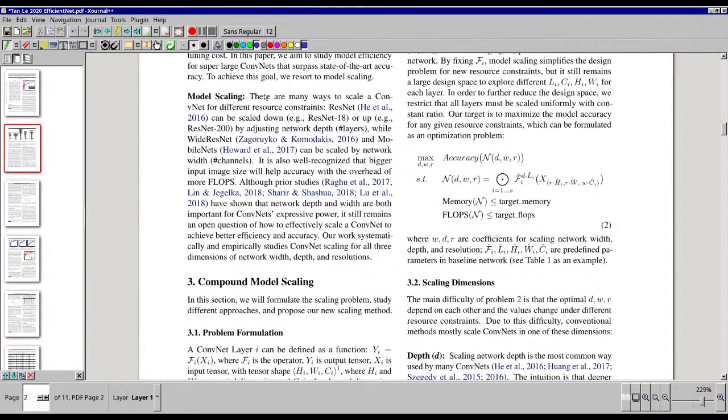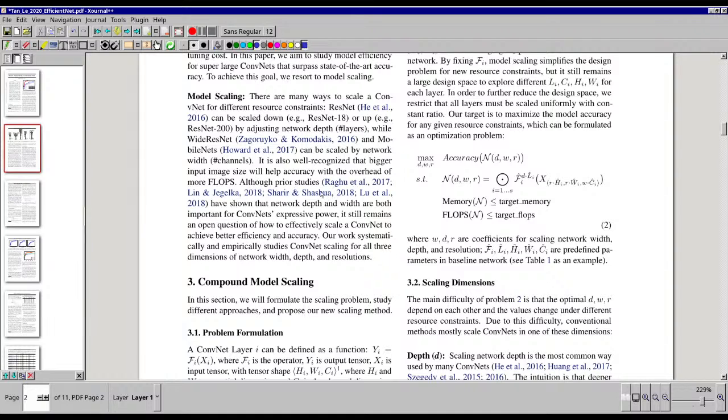Model scaling. There are many ways to scale a ConvNet for different resource constraints. ResNets can be scaled down or up by adjusting network depth, the number of layers, while WideResNets and MobileNets can be scaled by network width, the number of channels. It is also well recognized that bigger input image size will help accuracy with the overhead of more FLOPs.